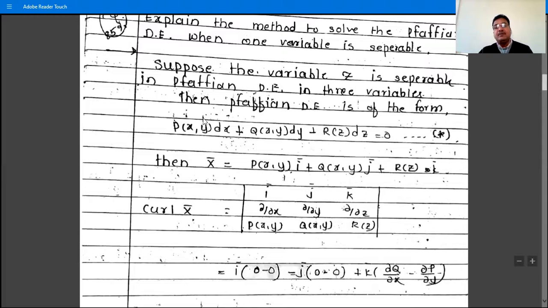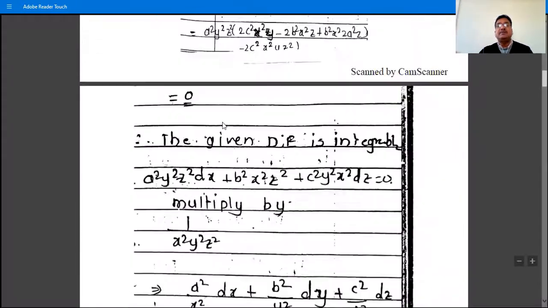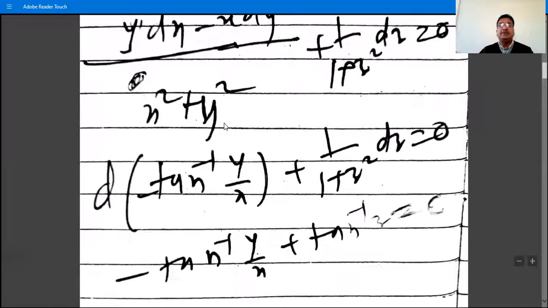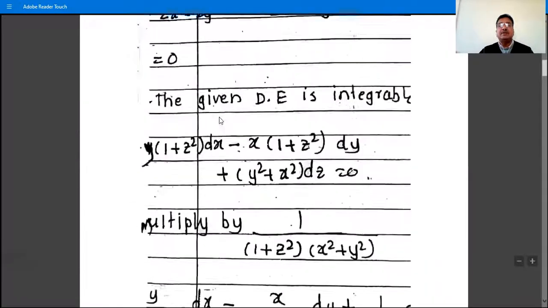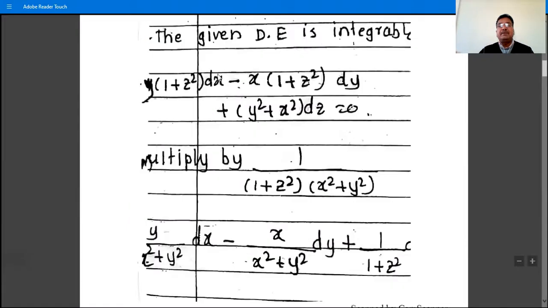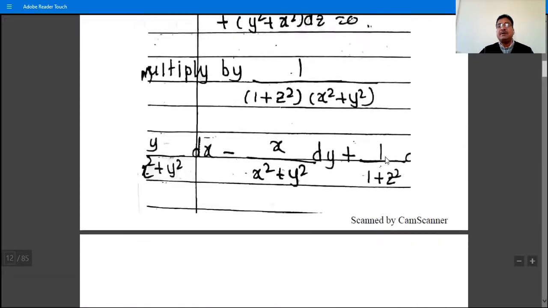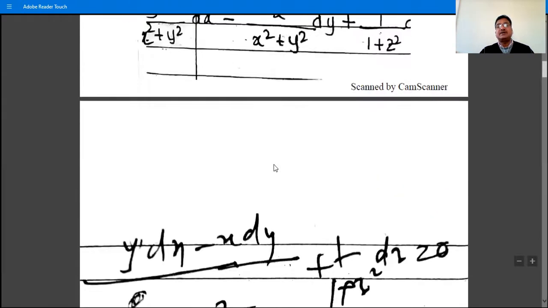For example, this differential equation is a Pfaffian differential equation in one variable separable. The coefficient of dz is a function of z purely and does not involve x and y. But the coefficient of dx is a function of x and y, and the coefficient of dy is also a function of x and y.